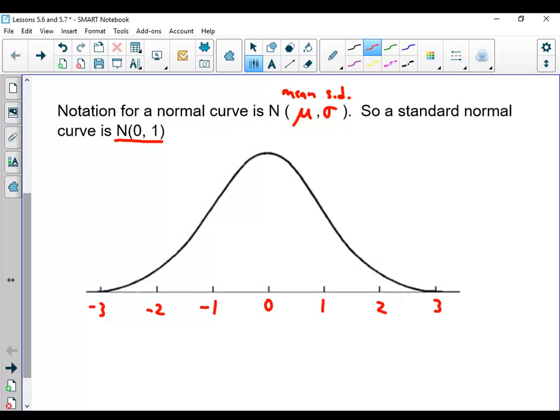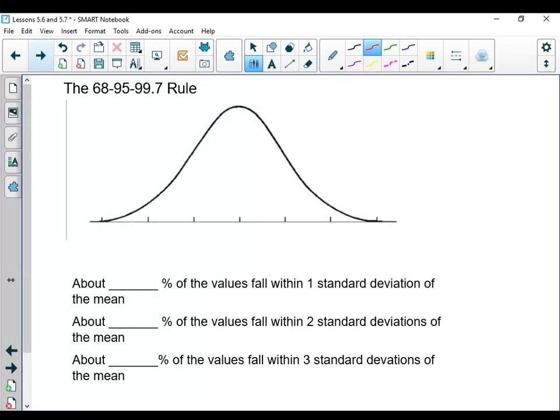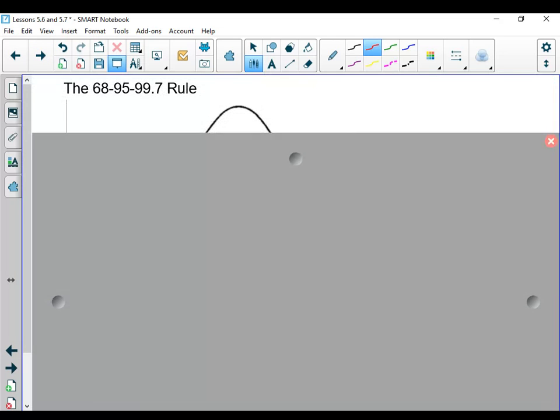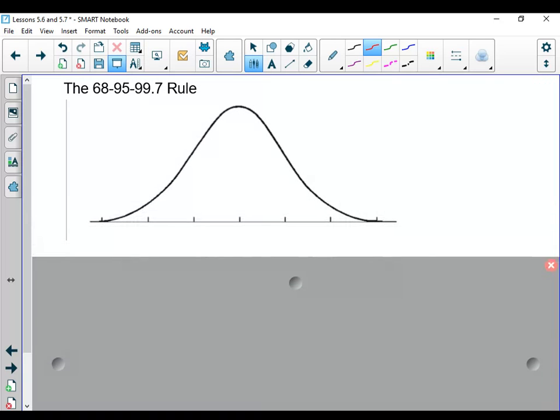Well, big deal. Why is that important? Well, the reason it's important is when we look at this standard curve, each section is actually going to represent a certain amount of our data. So if I'm really looking at a normal situation, I'm going to use what's referred to as the 68, 95, 99.7 rule.